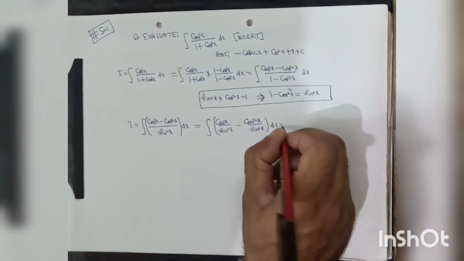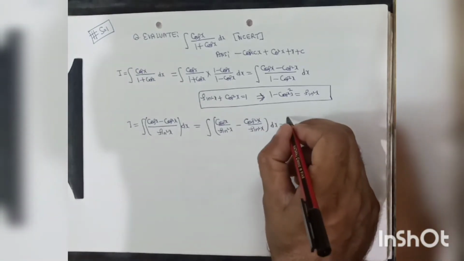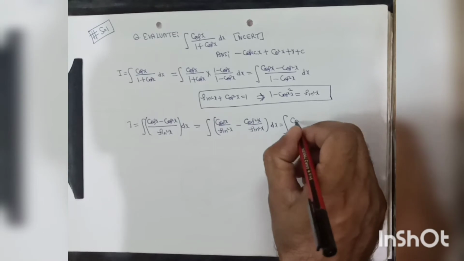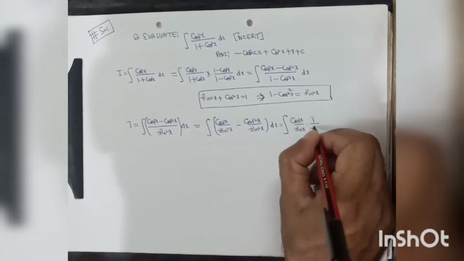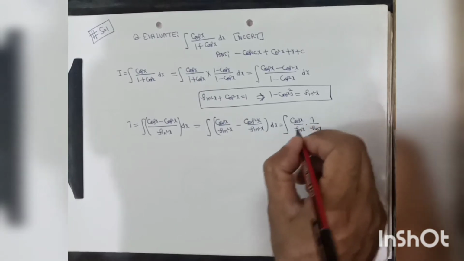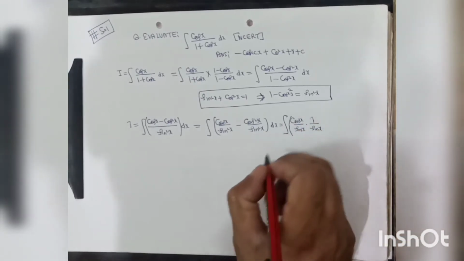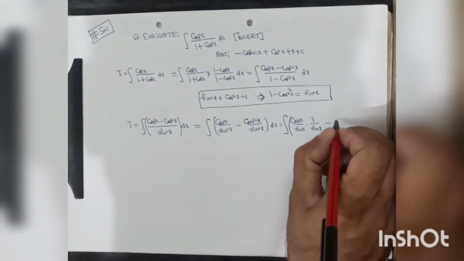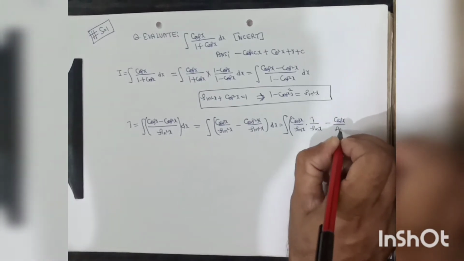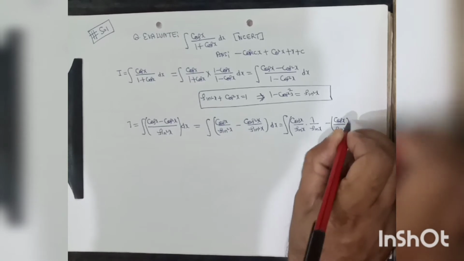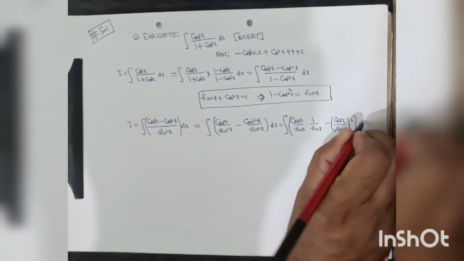So this can be written as the integration of cos x divided by sin x into 1 divided by sin x, which we have written as cos x upon sin square x, minus cos x divided by sin x whole square dx.